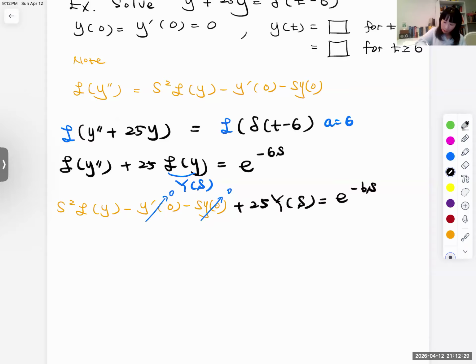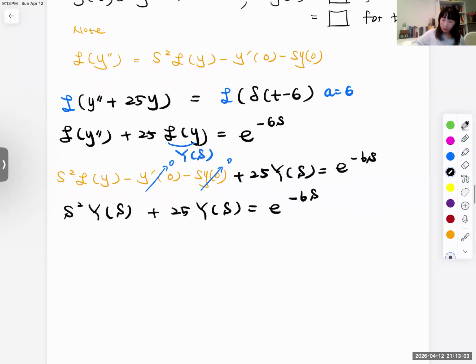Then we have s squared Laplace of y, which is Y of s, plus 25 Y of s equal to e to the negative 6s. So solve for Y of s, right?